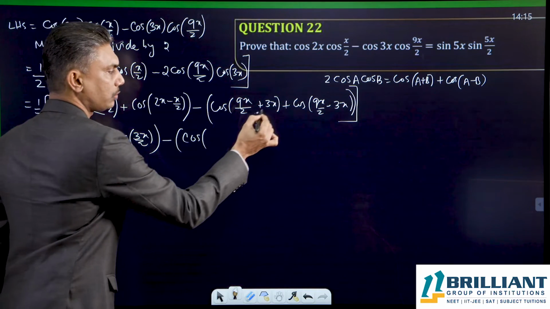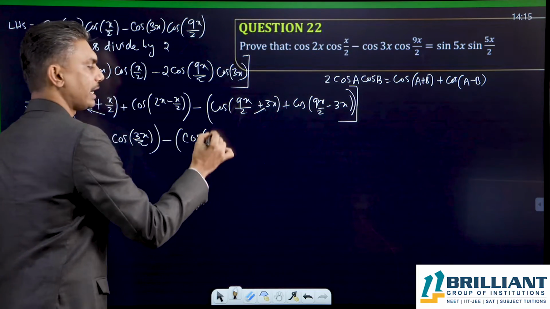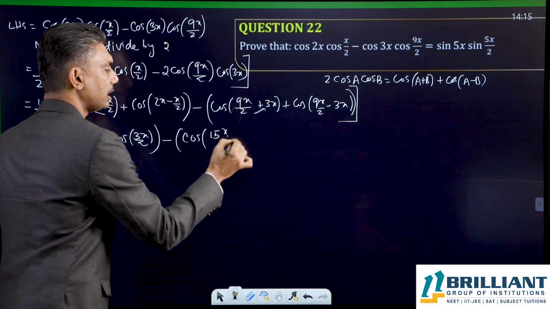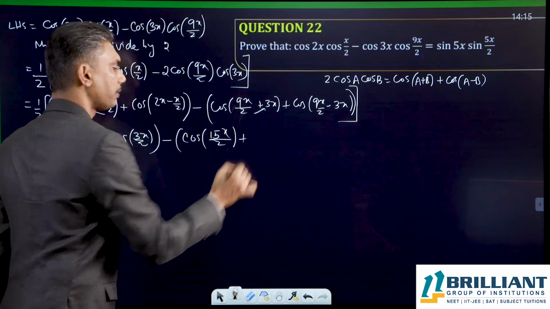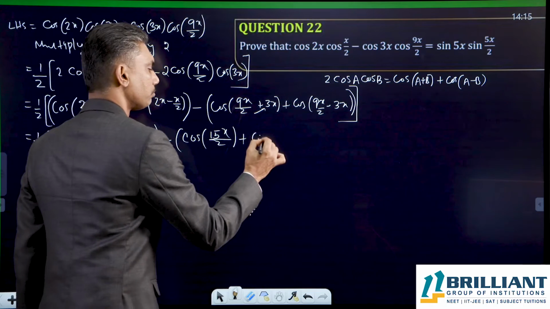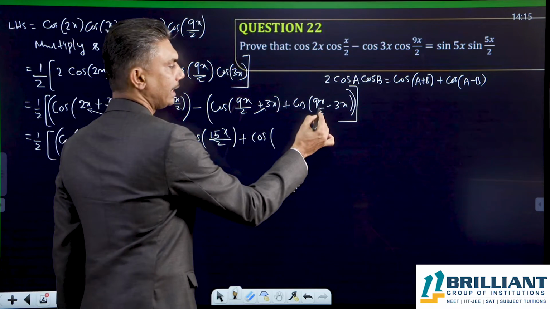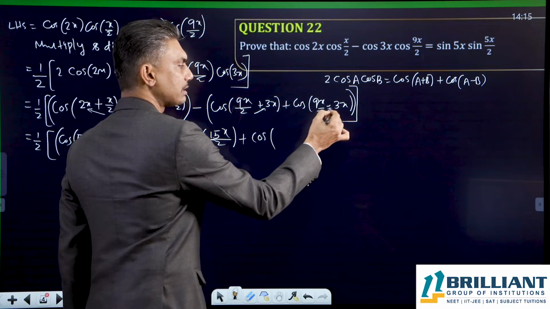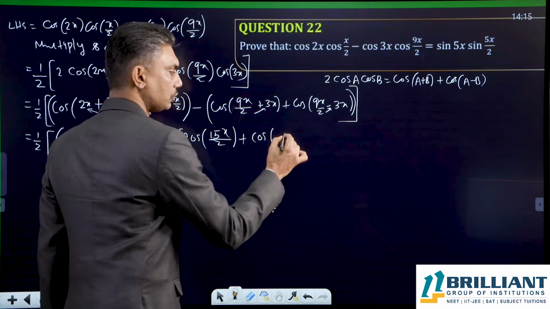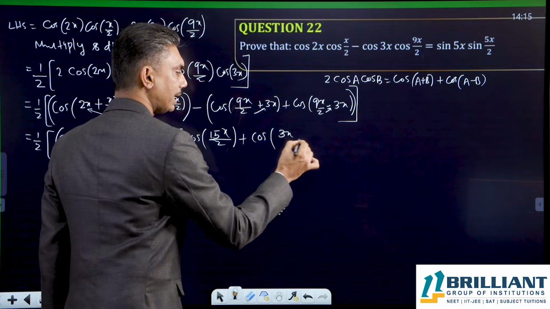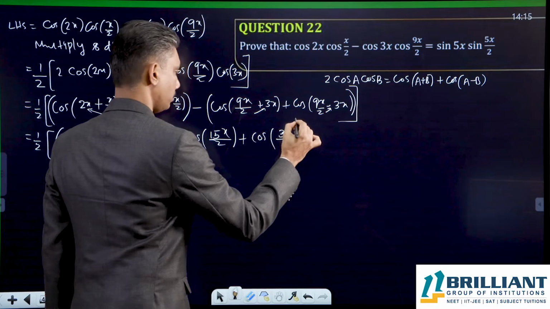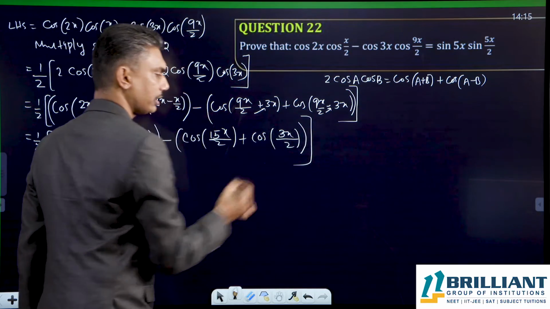cos of 9x by 2 plus 3x, so 2 into 3 is 6, 6 plus 9, 15x by 2, plus cos of 9x by 2 minus, if you take LCM, 6x, so 3x by 2, and there is a big bracket here.